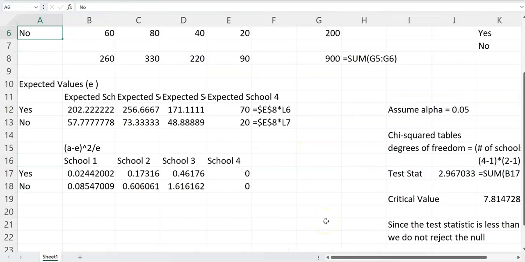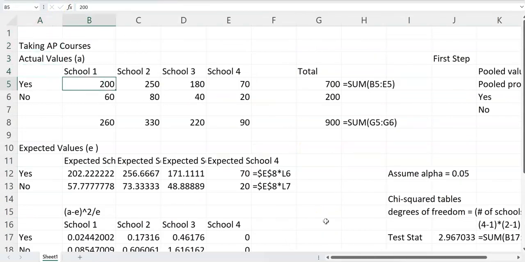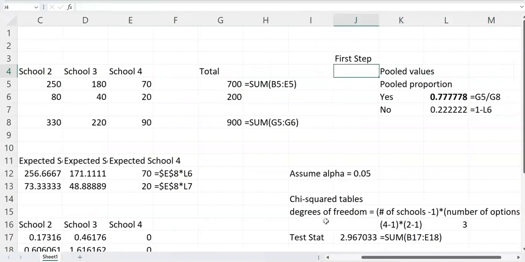So just a recap of what we did, if this was the actual values that was given to us, the first thing we will do is find the total of yes and no, assuming that all these 4 schools were one school. And so once we find the pooled values, we are going to find the pooled proportion, which is going to be 700 divided by 900 and 200 divided by 900.